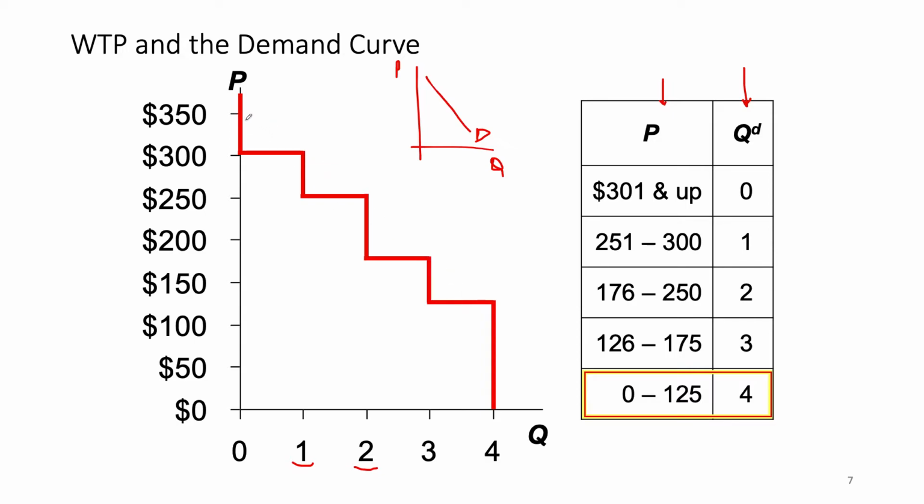At each price level, the quantity demanded keeps going up, because you have more and more consumers at every single price level, and that's why you generate a smooth line. The step function gets smoothed out when you have a lot of consumers in the market, and that's why when we draw the demand curve, we draw a straight line. Okay, all right.